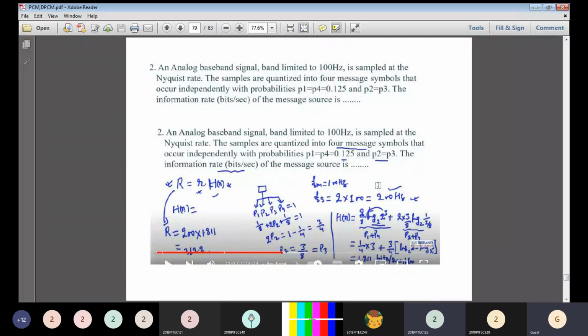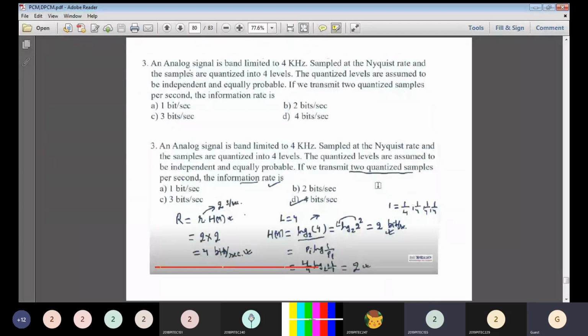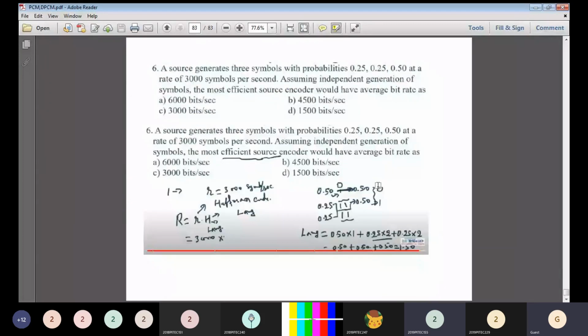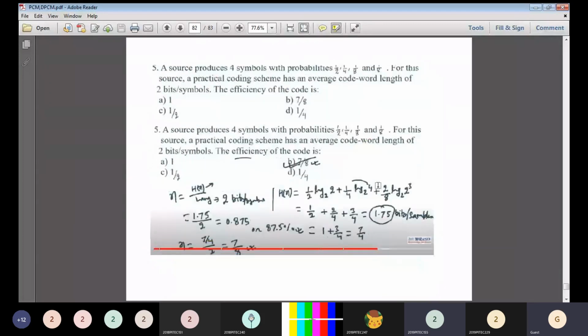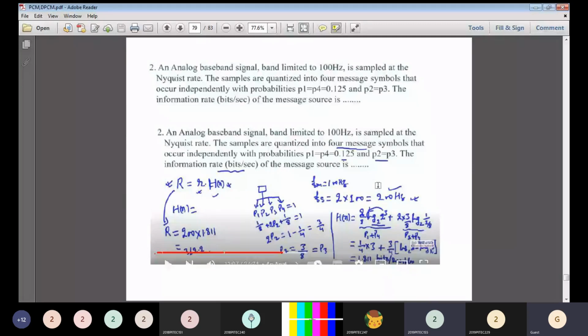So the conclusion is that one of the important topics regarding GATE, especially in digital modulation, is PCM, DPCM, and delta modulation. Those are all important topics we have to concentrate on more.